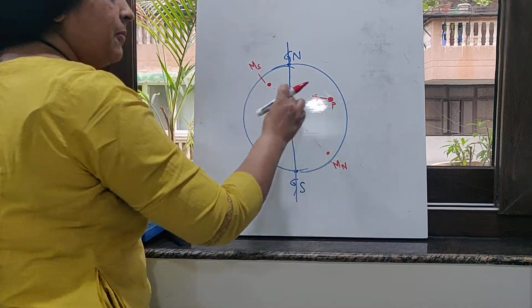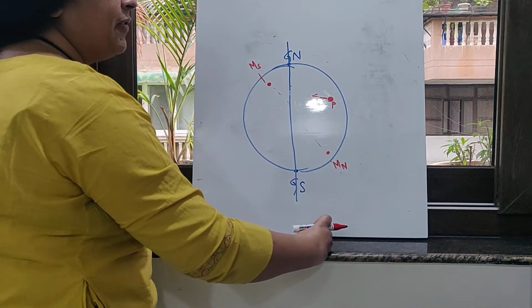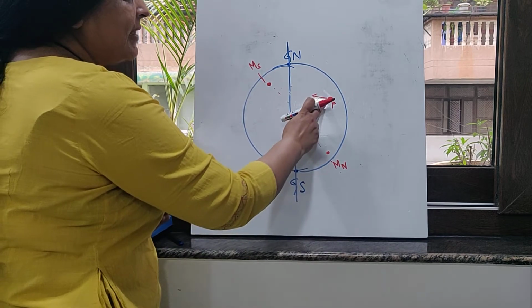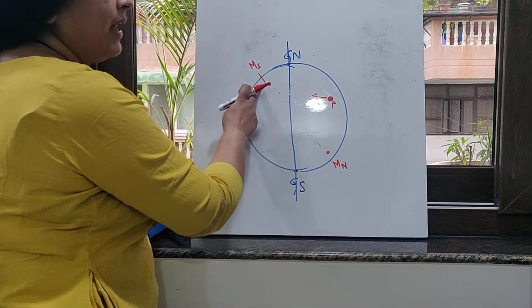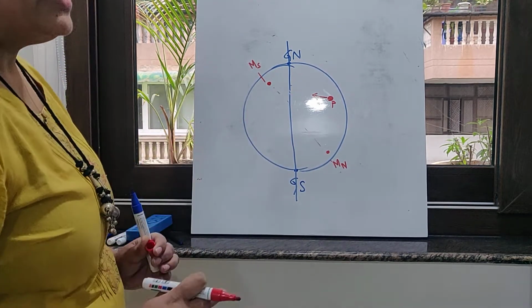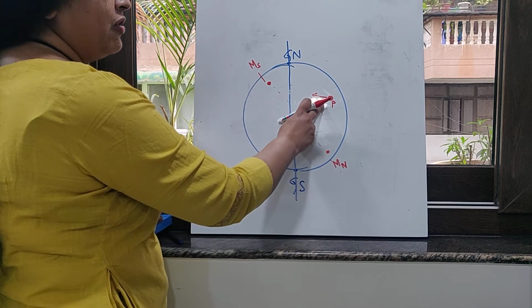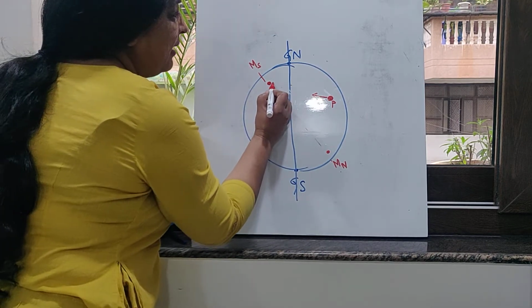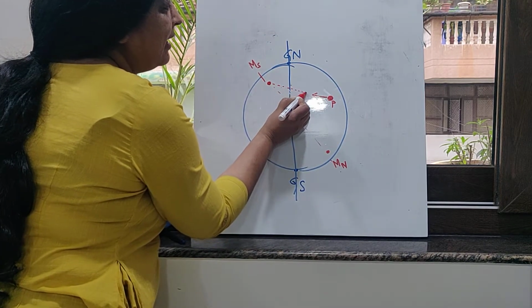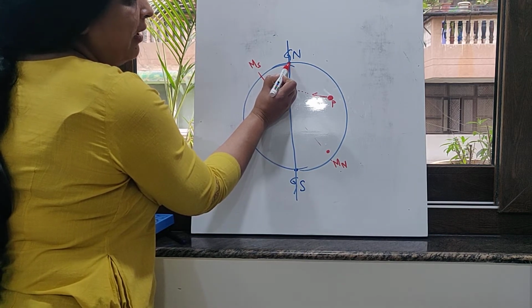You have kept the magnetic compass needle at any point on the surface of the earth, and it has started pointing in a particular direction. So this is the direction. Now, generally we say that the direction in which the needle points is the north direction. But you can see that this is not exactly the north direction. Our actual north, true north of the earth lies here.